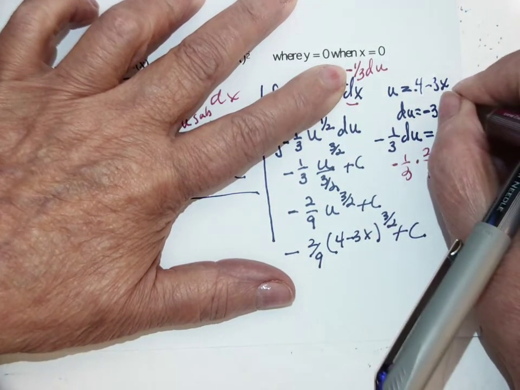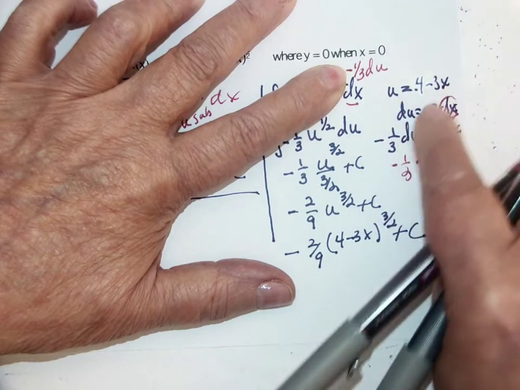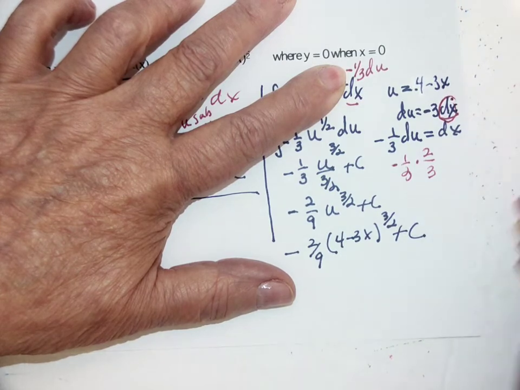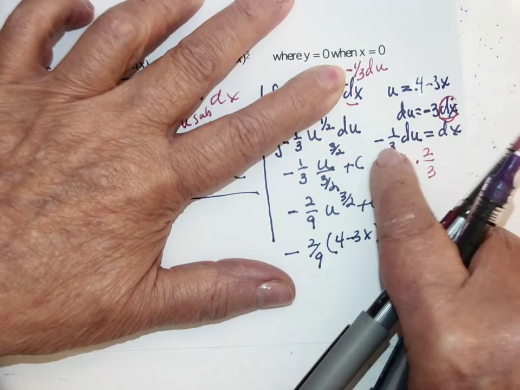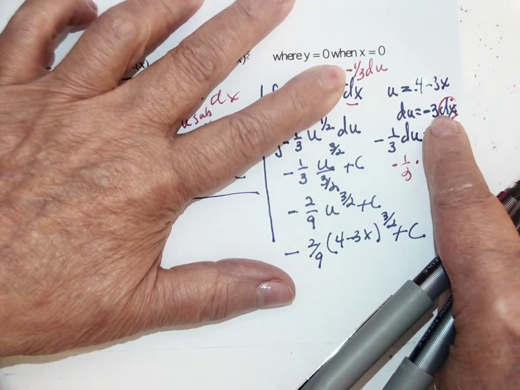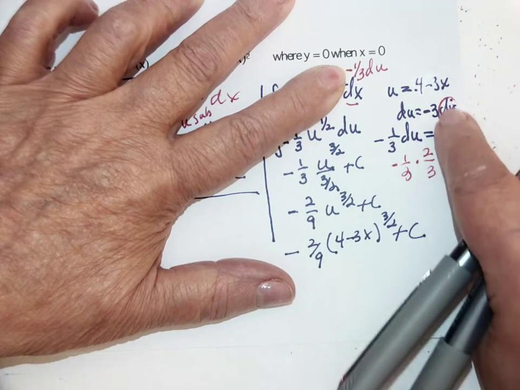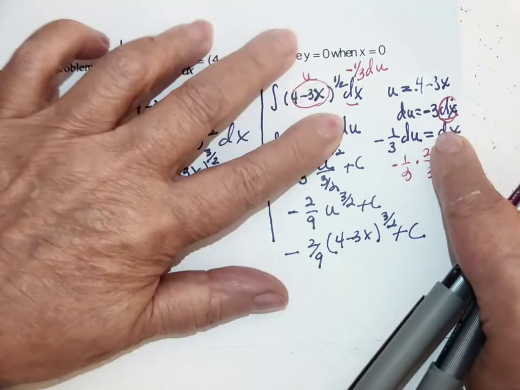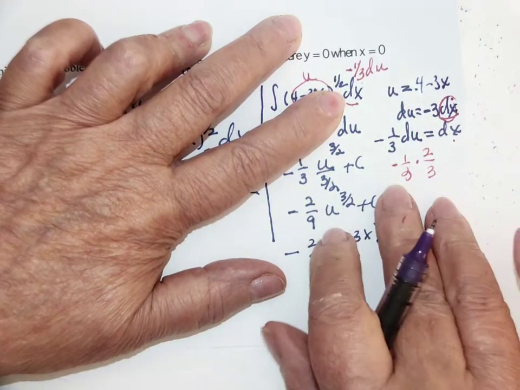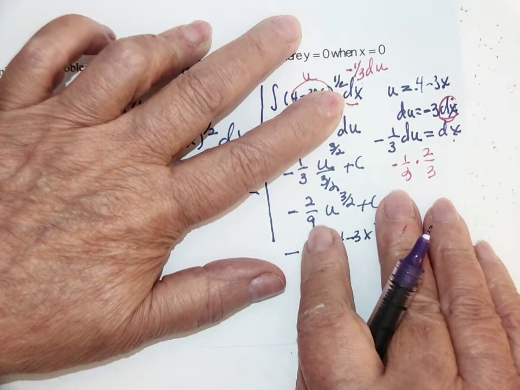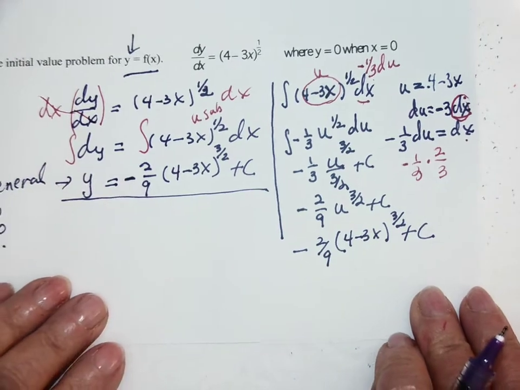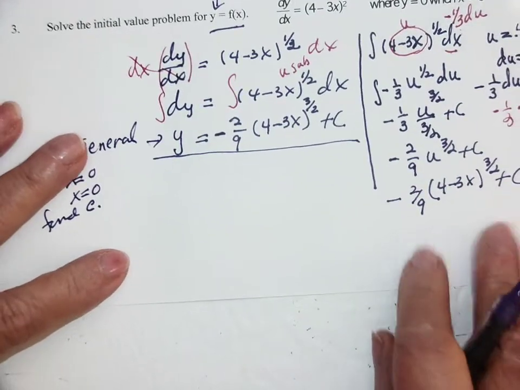So of this negative 3, when I did the derivative of u, I only need the dx of that. I multiplied both sides by negative 1/3, or divide both sides by negative 3, just to get the dx by itself. So this dx by itself became negative 1/3 du. Fractions get you every time. But good questions, guys.